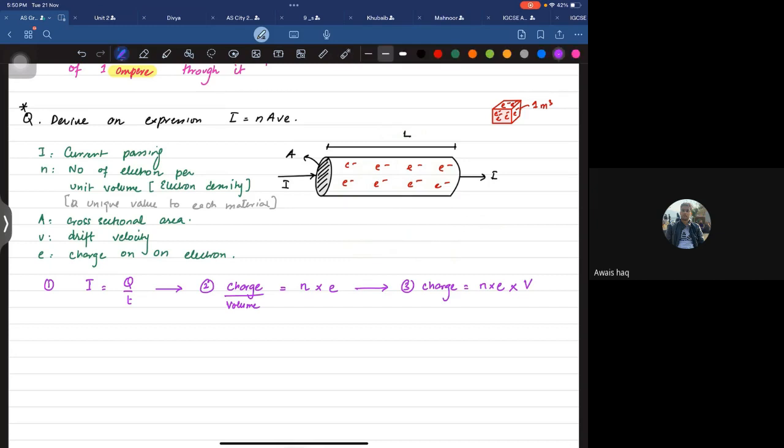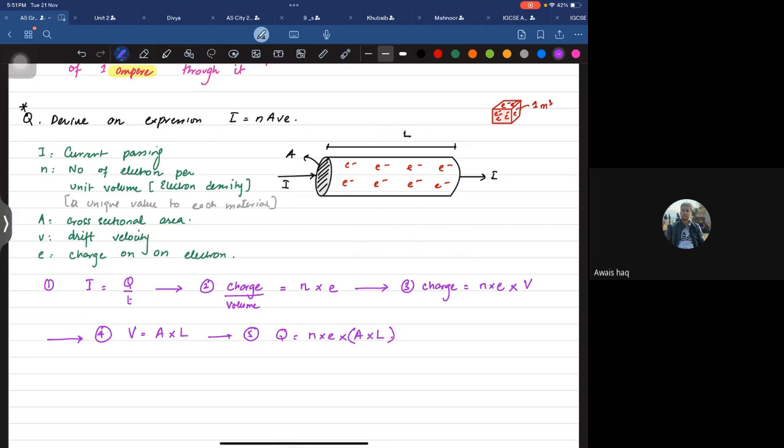Okay, good. Now, step 4, I've got to find the volume. Volume is area times the length, so cross-section area of the wire times the length. Now, step 5: I know the total charge now will be N times E. Instead of volume, I can write A times L, so I've just replaced volume with its expression.